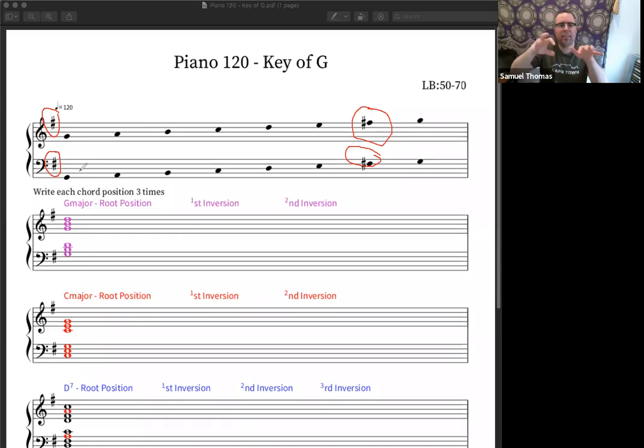I will play the same fingering pattern that I played in C major, but now starting on G. And of course, I will play an F sharp toward the top instead of an F natural, because this is what defines the key of G. Okay. I'll continue, and we will talk more about chords in the key of G.